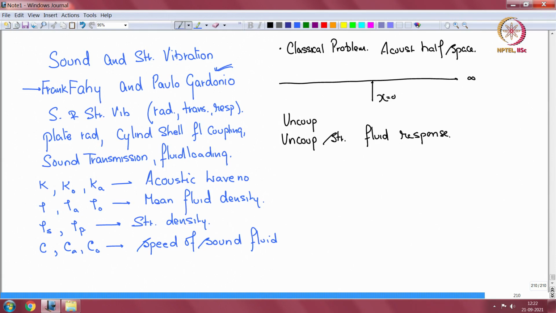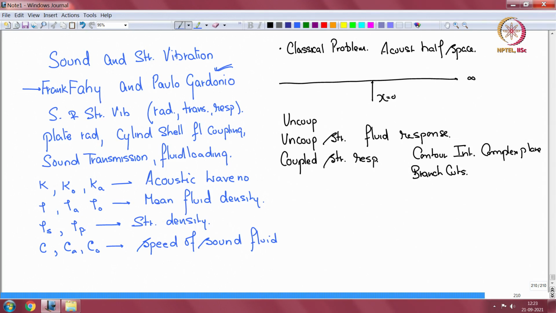Then we looked at the coupled structural response. Here we used contour integrations in the complex plane. We required the knowledge of branch cuts.